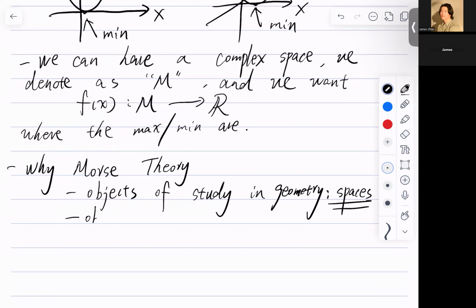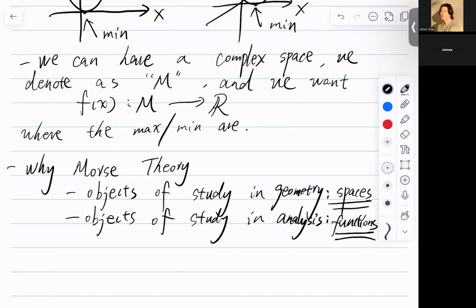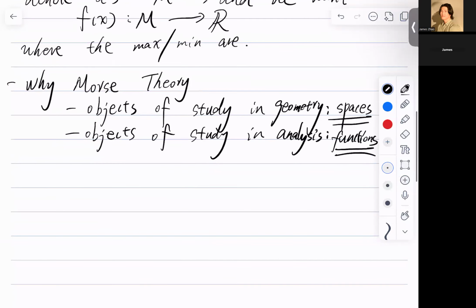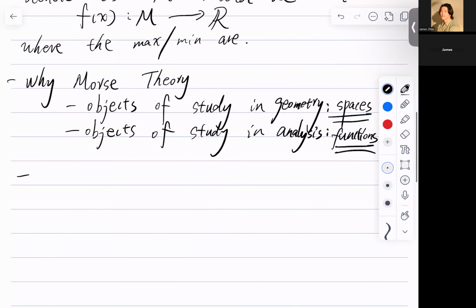And the other one, the objects of study in analysis. Those are called functions. And Morse theory, oops, misspelled Morse.